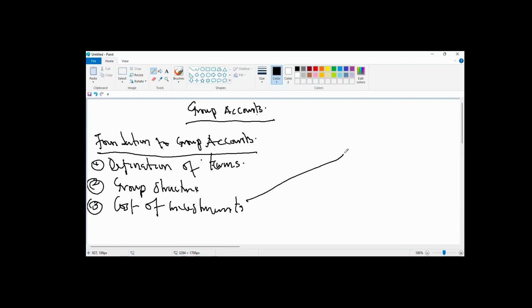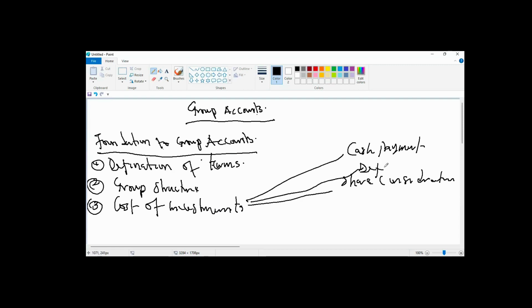Cost of investments can be cash payments, it can be share consideration, it can be deferred consideration.